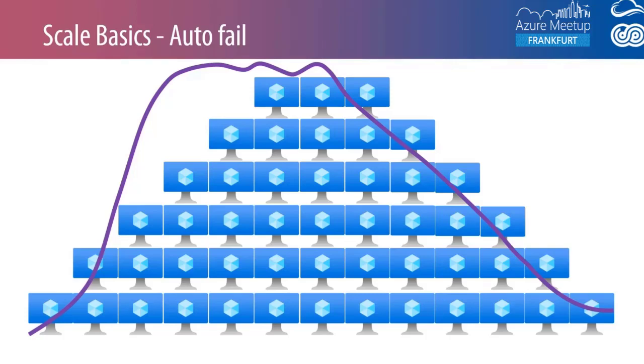Everywhere you can see in this chart where the purple line is above the number of servers stacked there, you're going to have users who are having a bad time. They're going to have slow responses, failed responses, those kind of things.